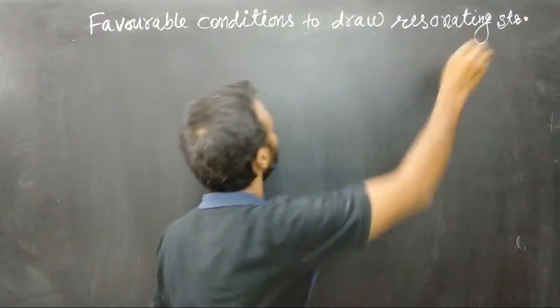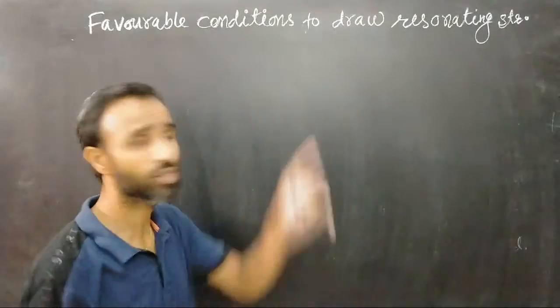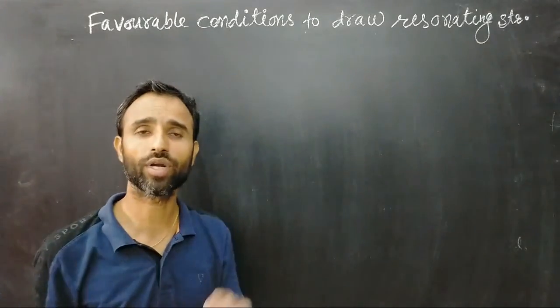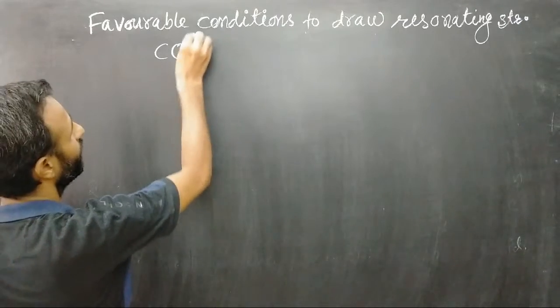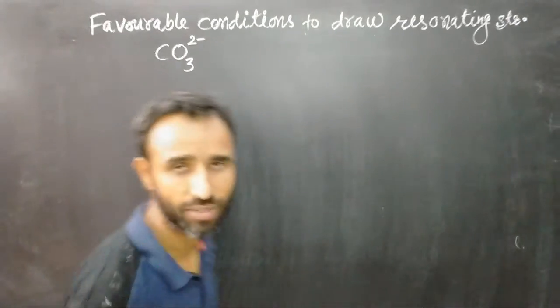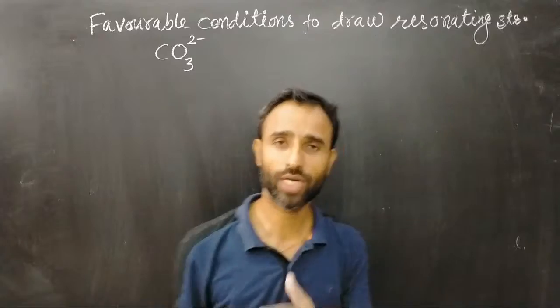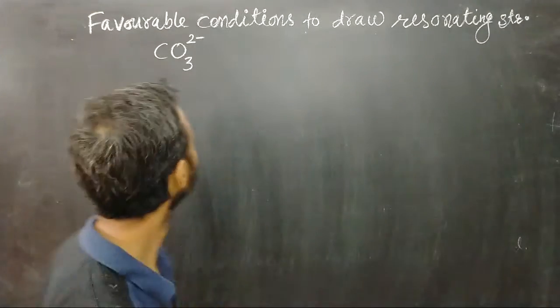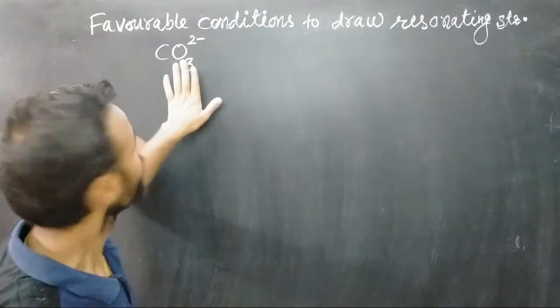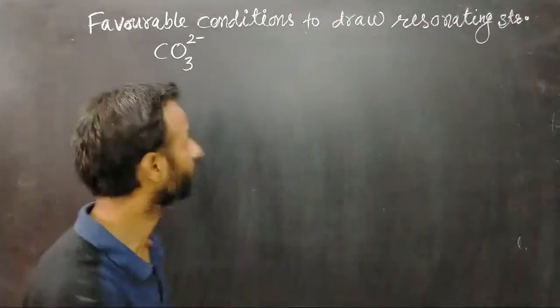To say these favorable conditions, first we draw the resonating structure of carbonate. In carbonate, how many bond pairs, shared pairs, are there?